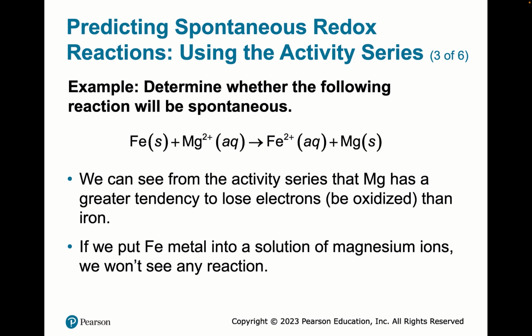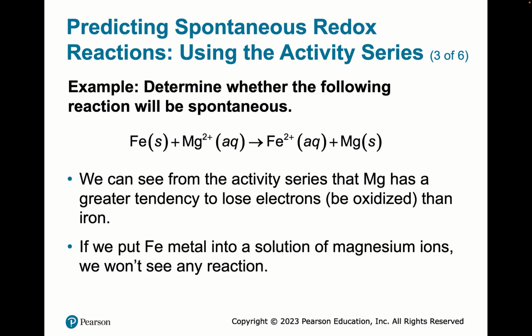But if you notice though, iron is below magnesium on the chart, which means that in this case, since iron is below magnesium, this is not going to be spontaneous. If you look at the previous example, copper metal was below the magnesium metal.